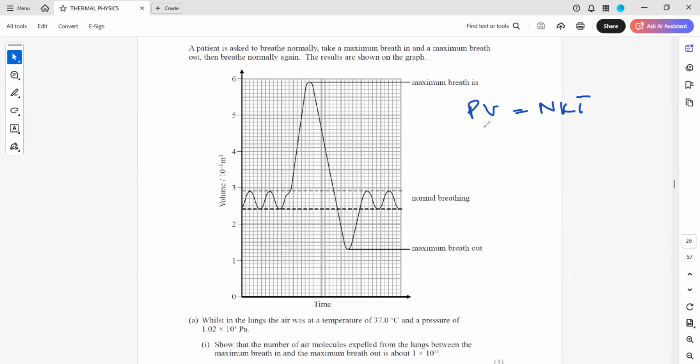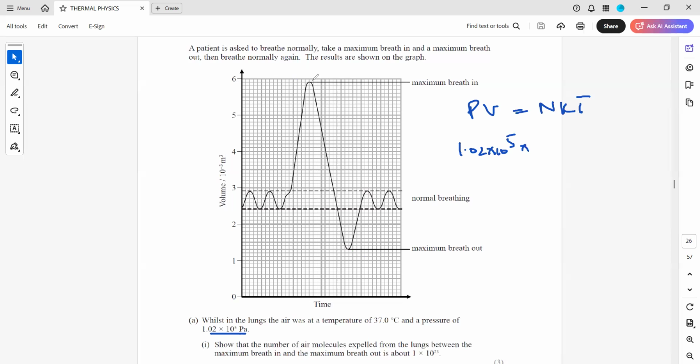I'm doing it directly, instead of first finding the number of particles, then the second number of particles, I'm directly working it out. So what is the pressure? According to the question, the pressure is 1.02 exponent 5, as you can see here. What about the change in the volume?